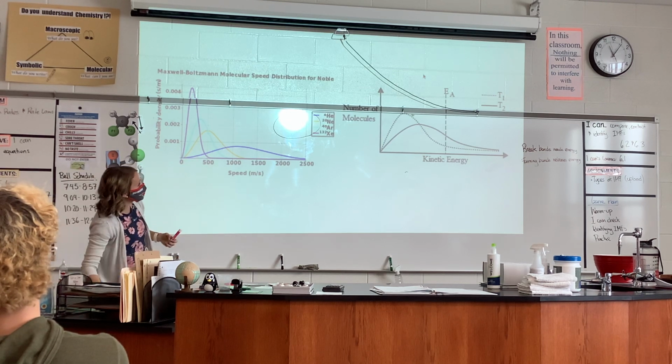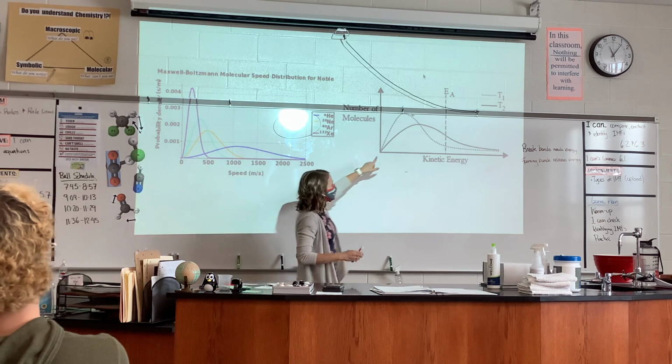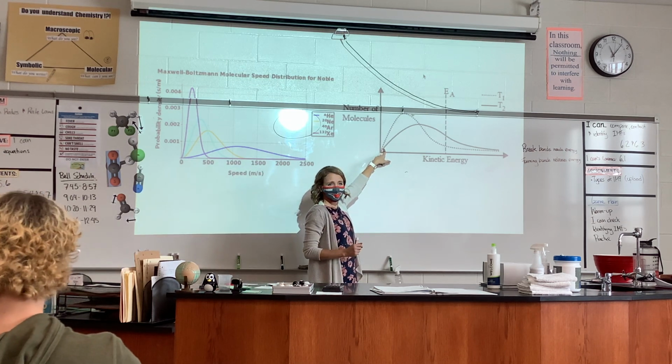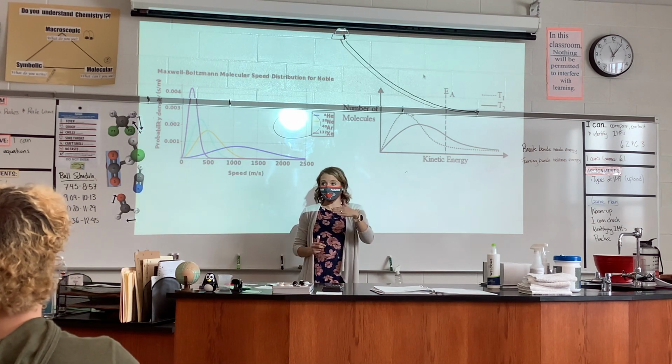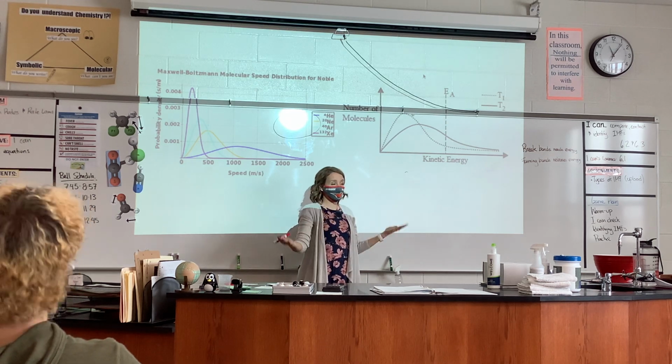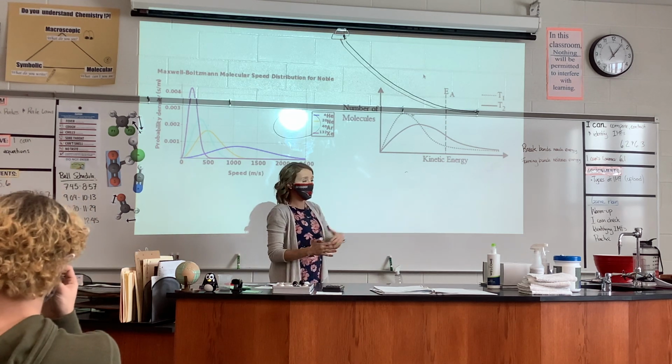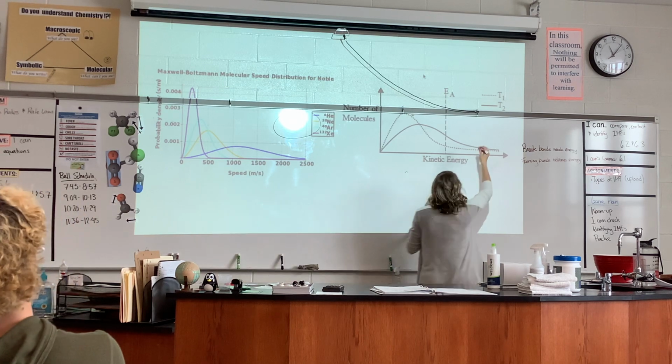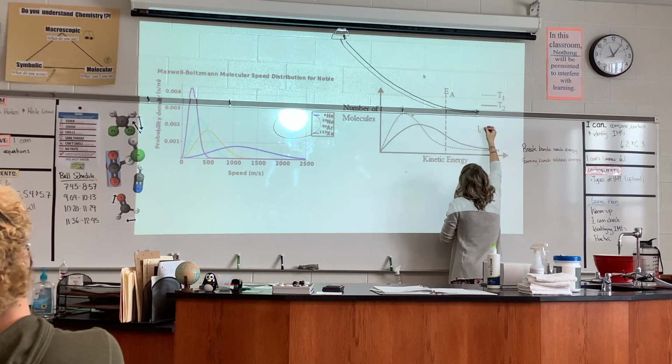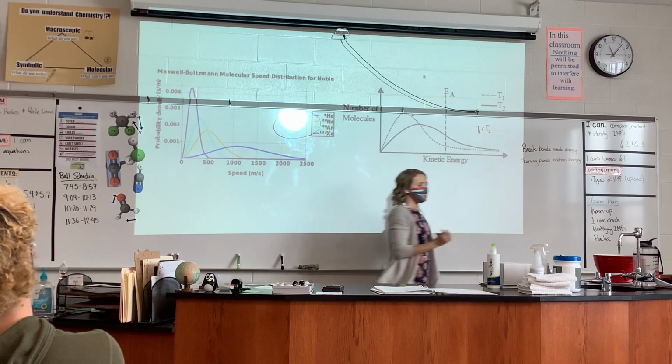Or vice versa. Coming to this graph here, higher temperatures have a greater distribution of speed than lower temperatures. So in this graph right here, T1 would be less than T2 in terms of value.